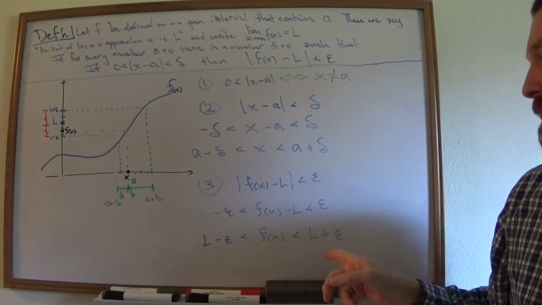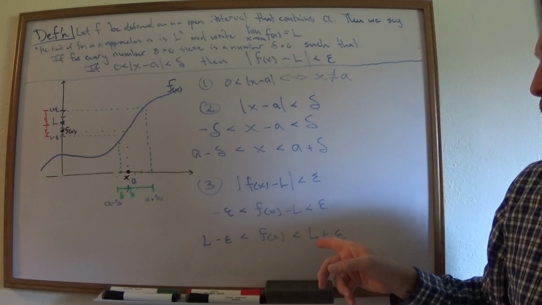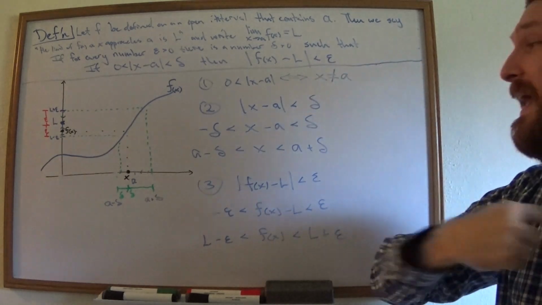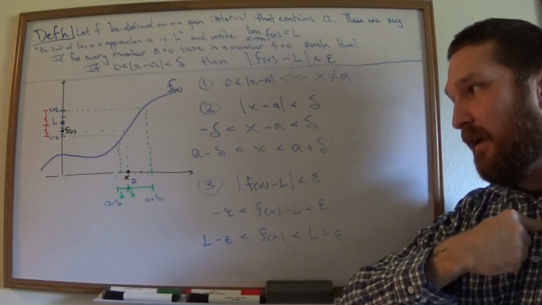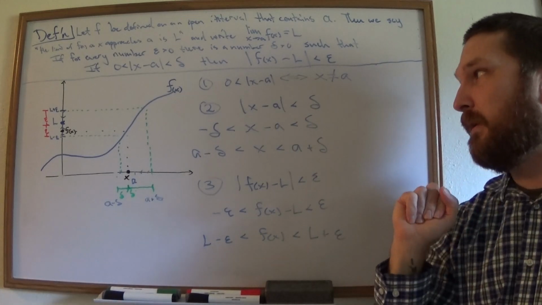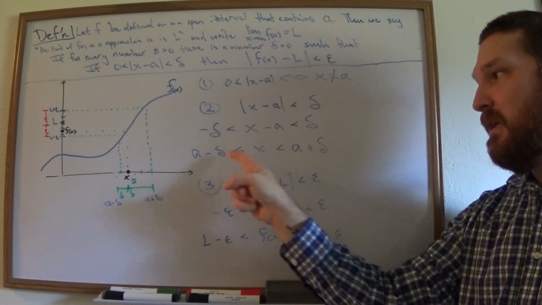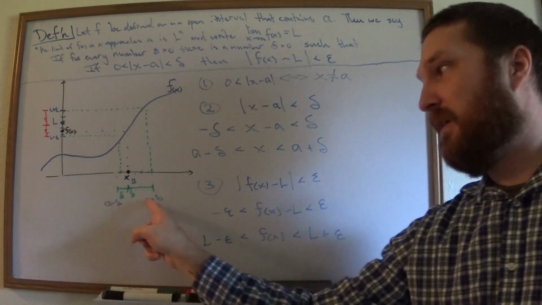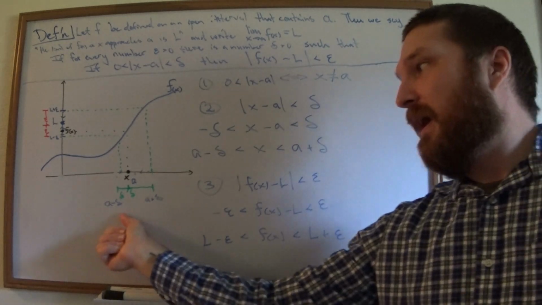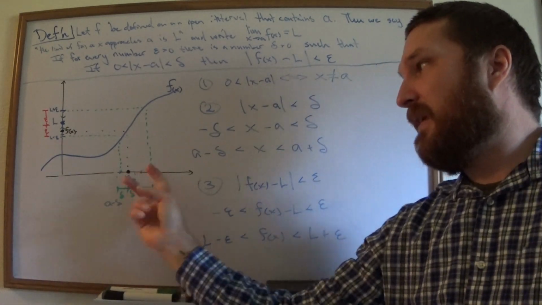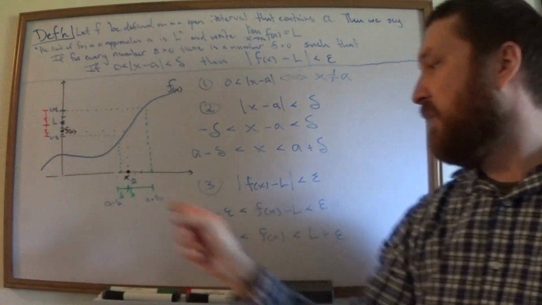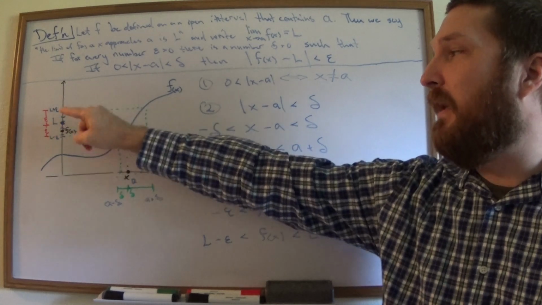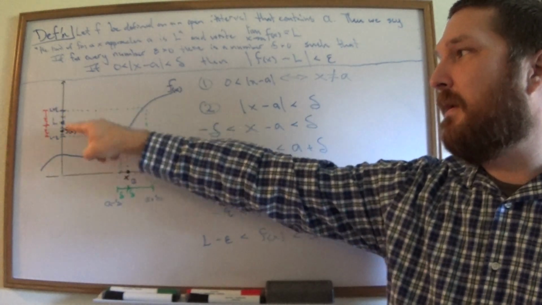You give me any epsilon. If the limit exists, then you can give me any epsilon, and I can find a delta which will have this property: whenever x is within delta of a, so I'm somewhere in between a minus delta and a plus delta, then I can guarantee that my outputs f will be within this interval, L plus epsilon down to L minus epsilon.